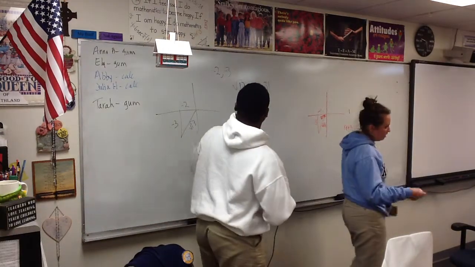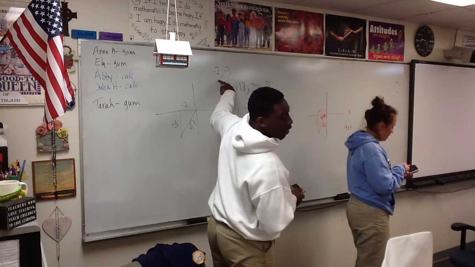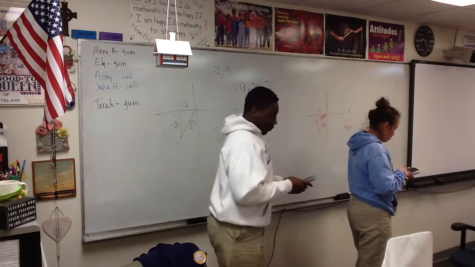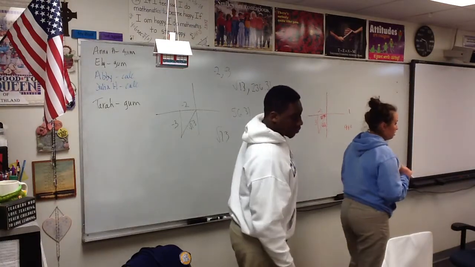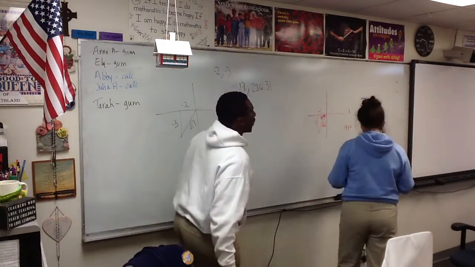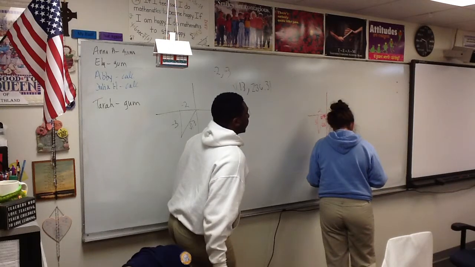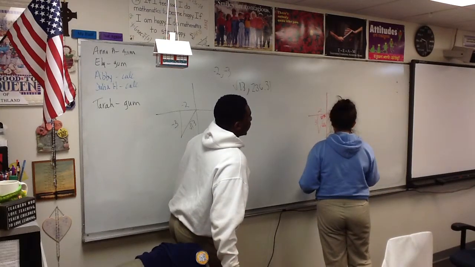Do you always do y over x for tan? Make sure you do second tangent, and then do you do 2 divided by 3? We do divided by 3.